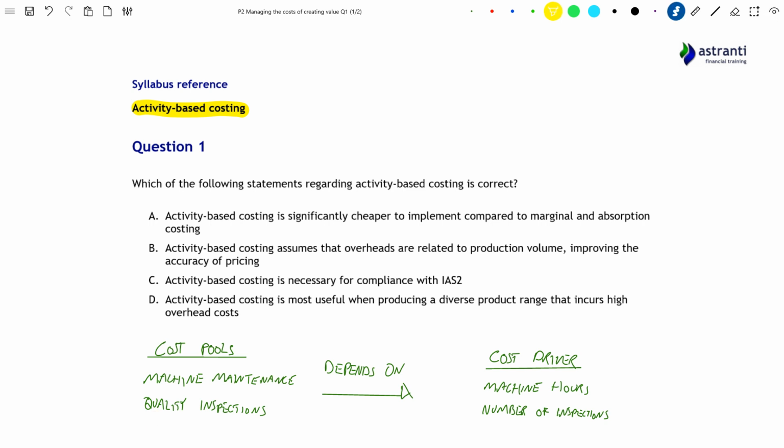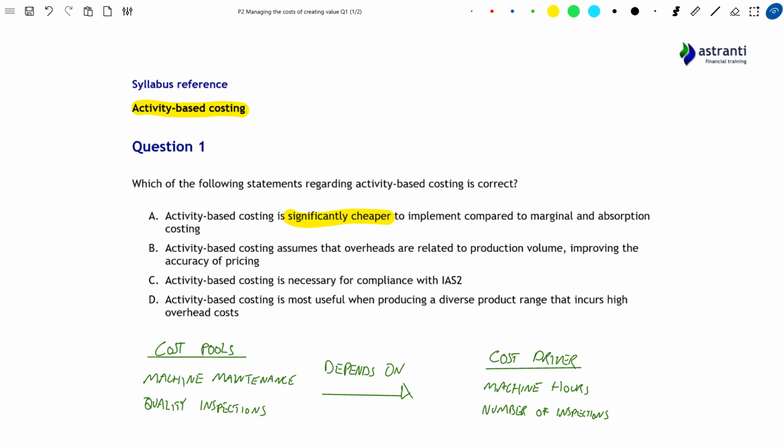Option A states that activity-based costing is significantly cheaper to implement compared to marginal and absorption costing. From this approach to costing, we can see that we need to break down all of our different various activities into cost pools and then identify what drives the level of costs in those pools.